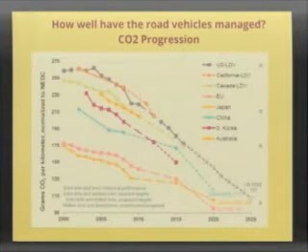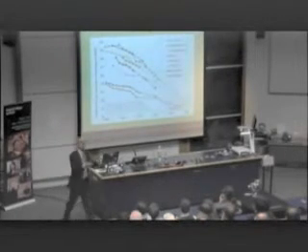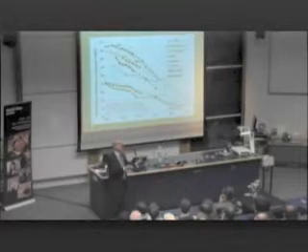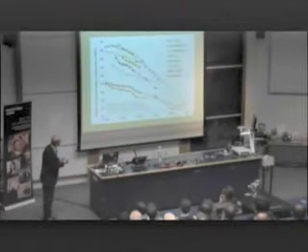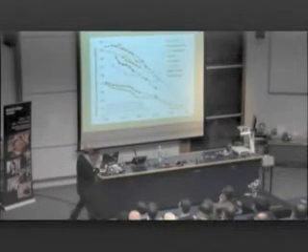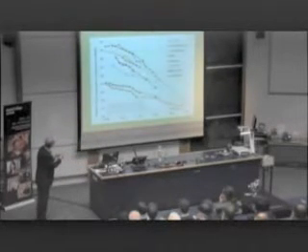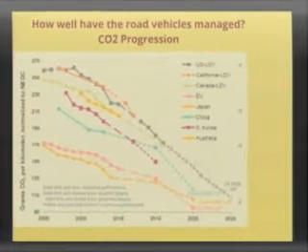So legislators will say, in 2020, when a manufacturer sells a car above 95, you'll have to pay some penalty, because you've exceeded that figure of 95 grams of CO2 per kilometer travel. And of course, you began up here not long ago. So a continuous decrease of CO2 impact on transportation.